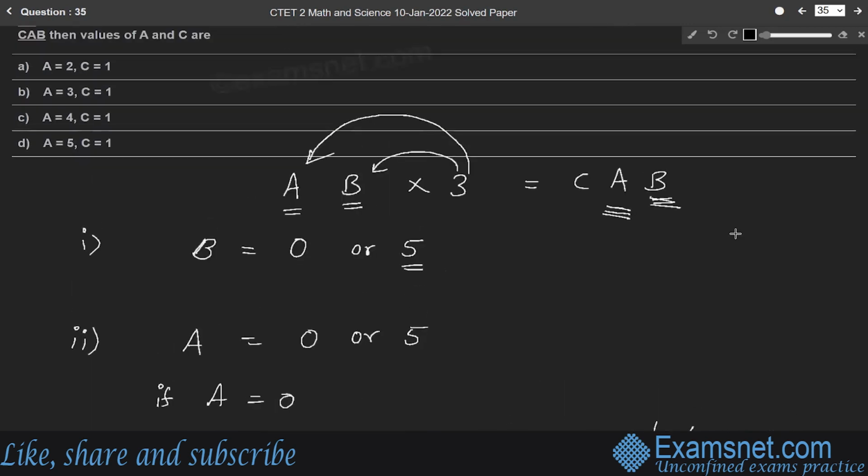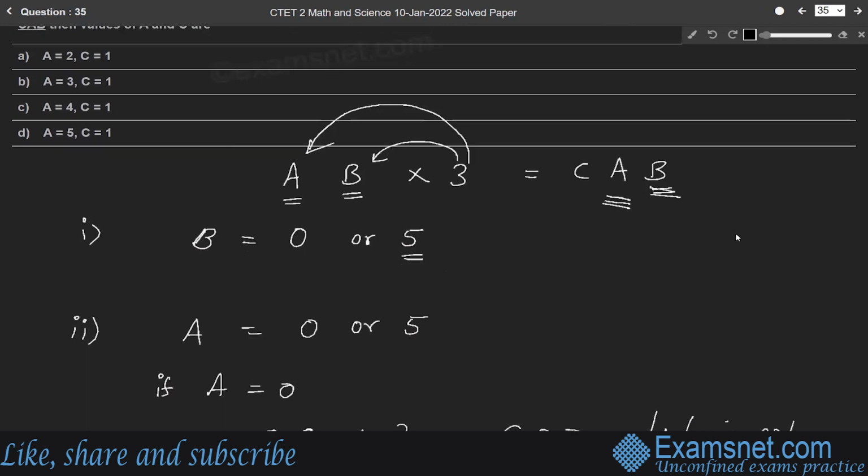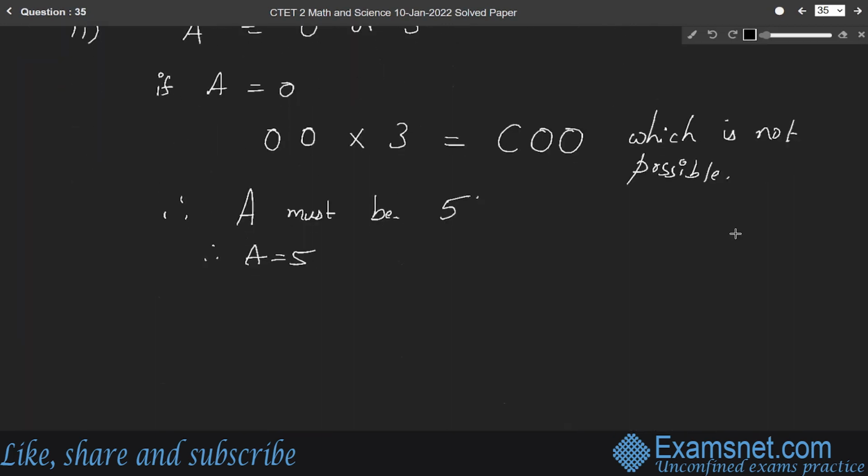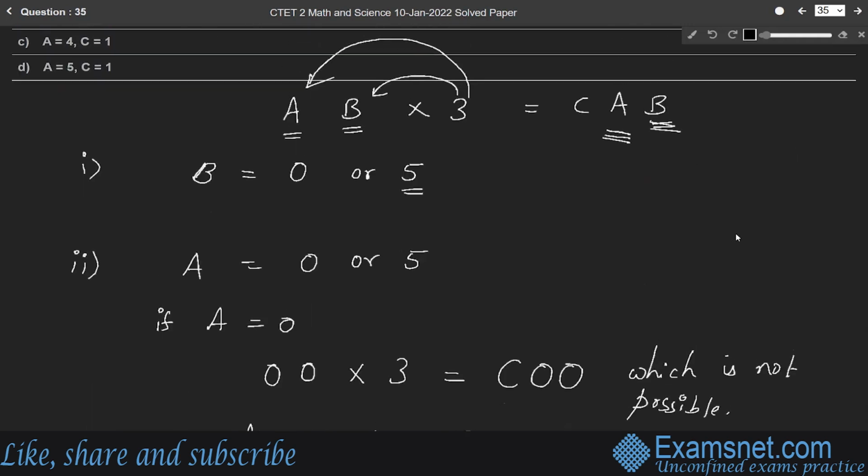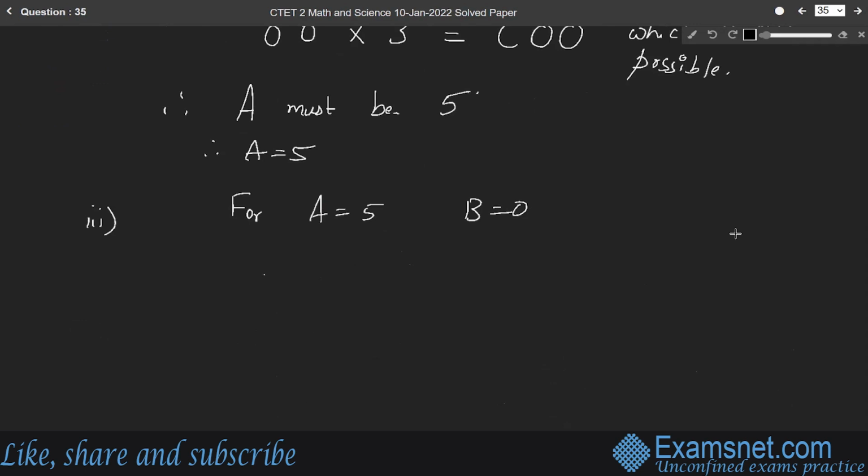So let us check the equation. Here, third step. For A is equal to 5, B is equal to 0. So what happens to the equation? AB is 50 into 3 is equal to 150. Right?